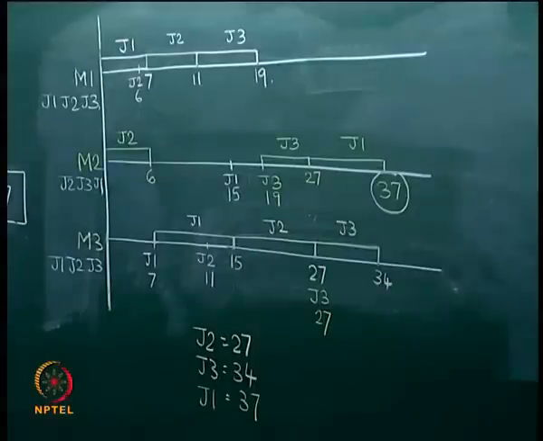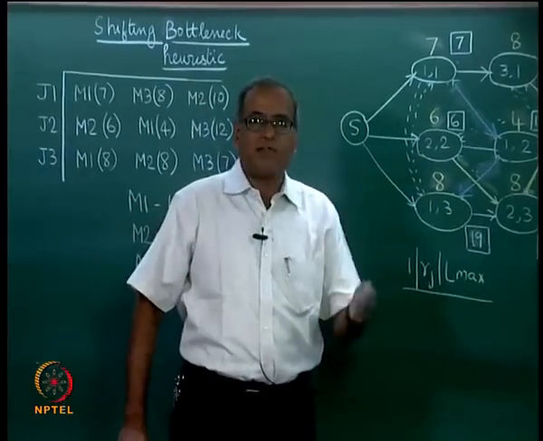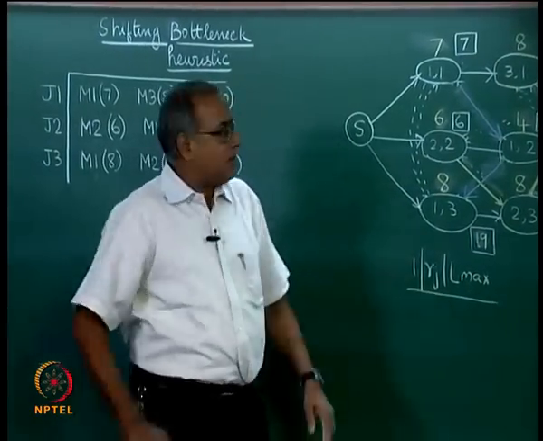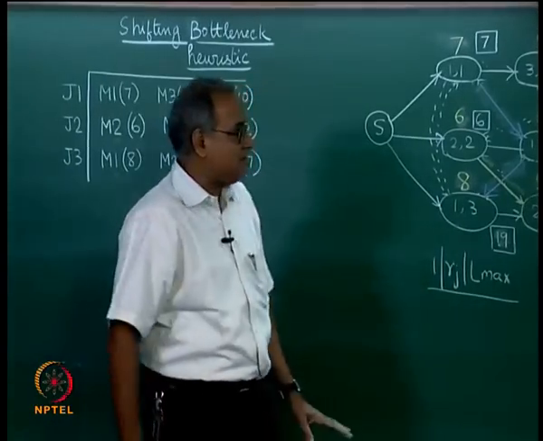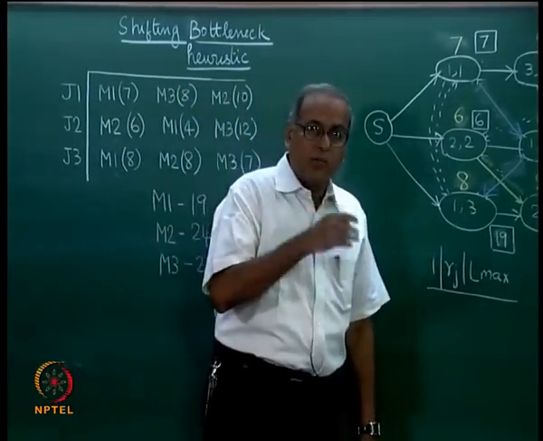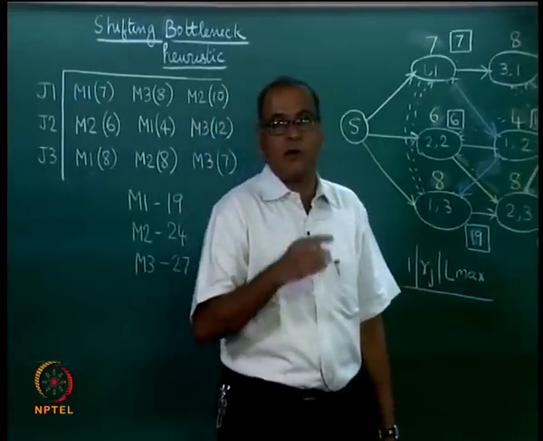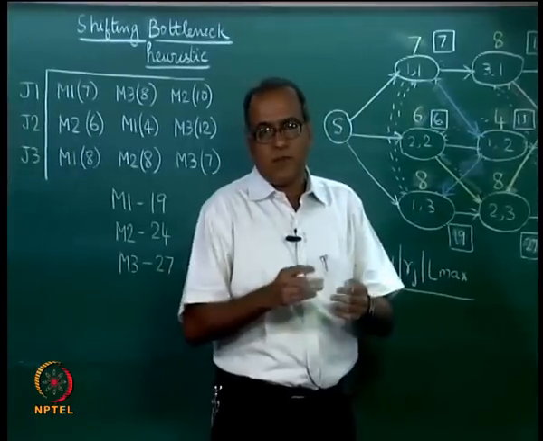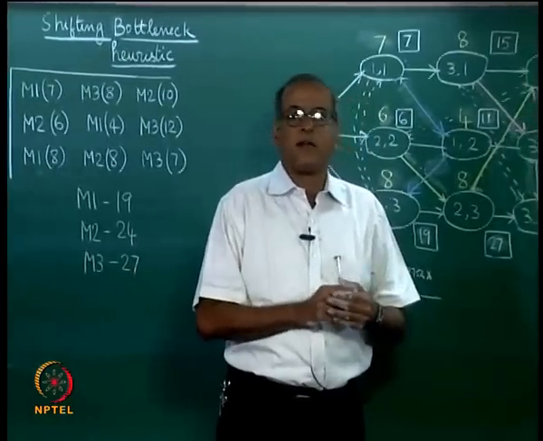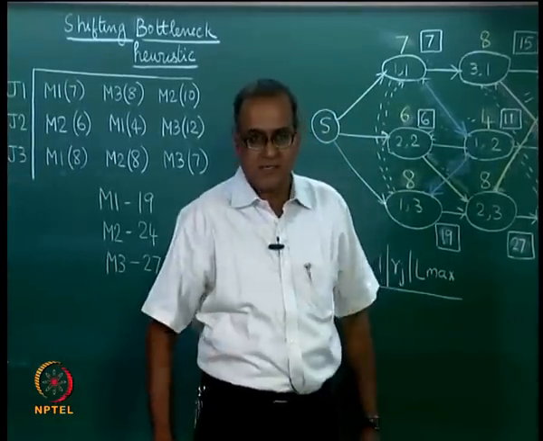The shifting bottleneck heuristic for that particular problem instance gave the optimum solution. So the shifting bottleneck heuristic is important for many reasons. One, it is able to provide very good solutions even though not optimal on all occasions. It is able to give optimum on many instances and close to optimum on very many instances.